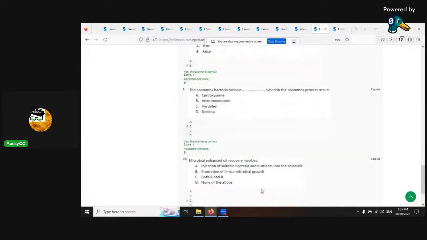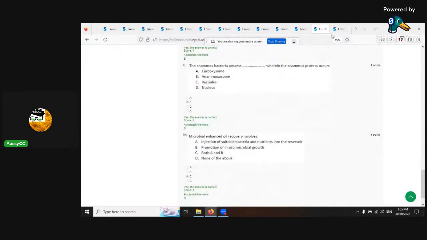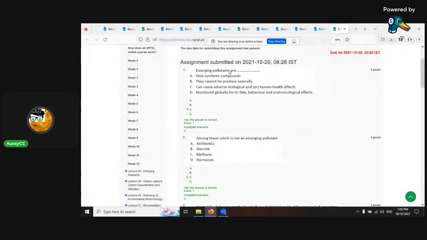C. Emerging pollutants are bad. Can cause. C. Monitoring. C. Among these, which is not the emerging pollutant: steroids, methane, hormones. Well, methane's been around for years. It's not getting more in the environment.